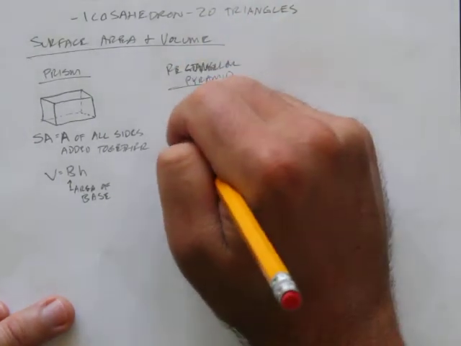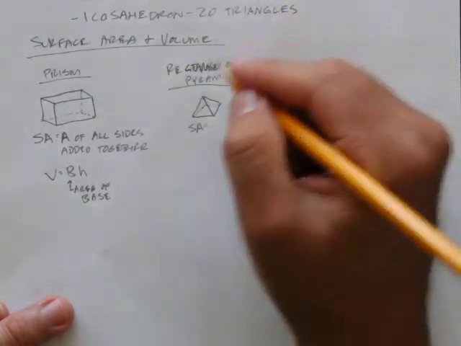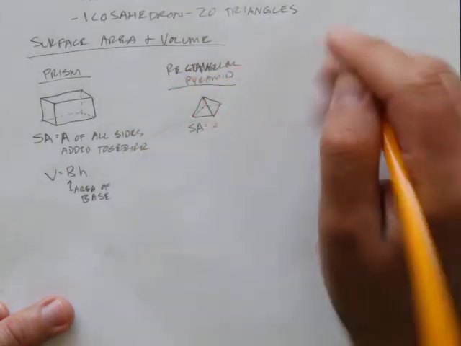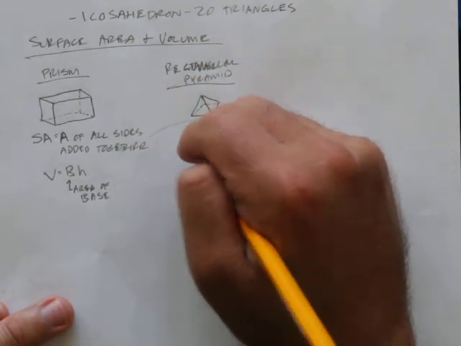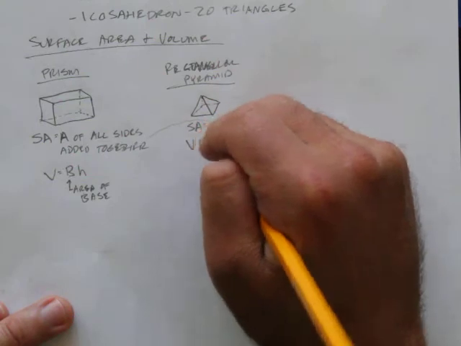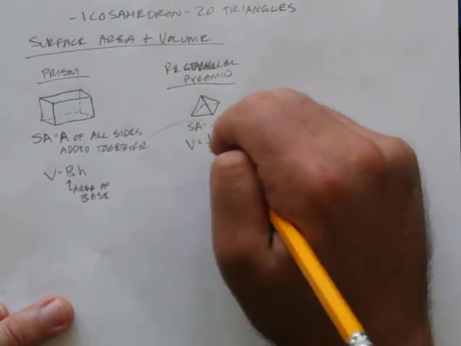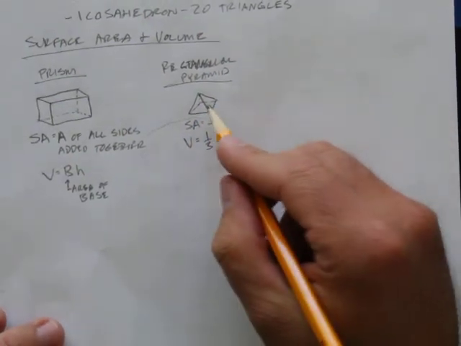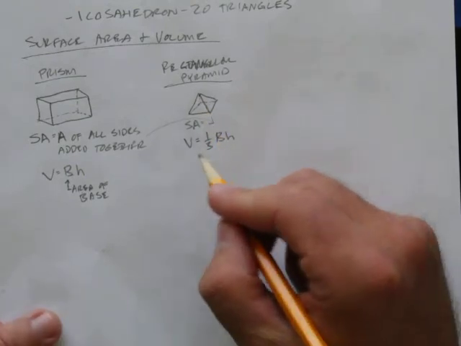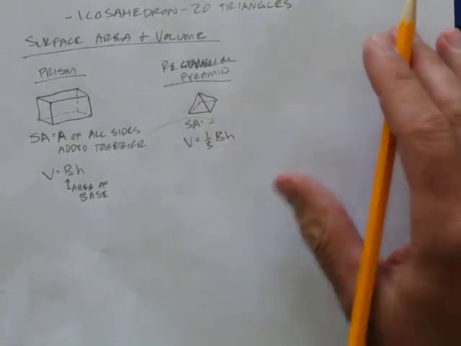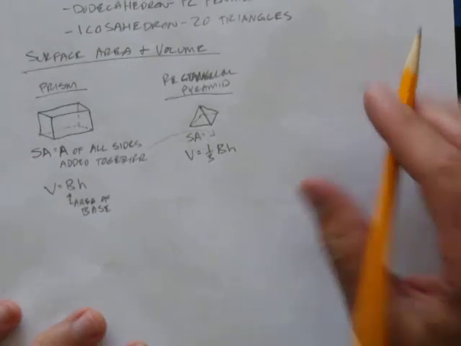So the surface area is all the sides added together. The volume is 1/3 the area of the base times the height. So you find the area of the base and you find the height, divide by 3, and you've got the volume of a rectangular pyramid.